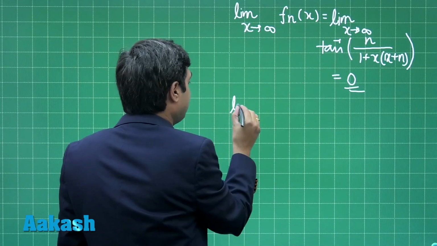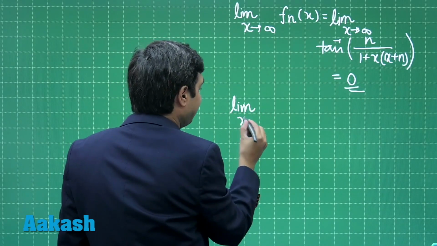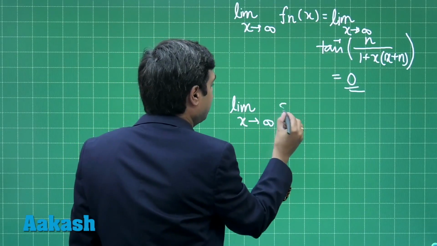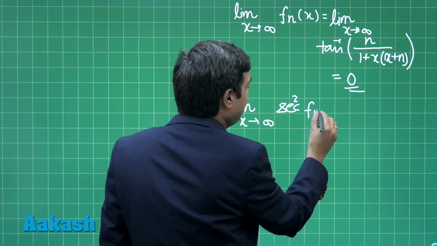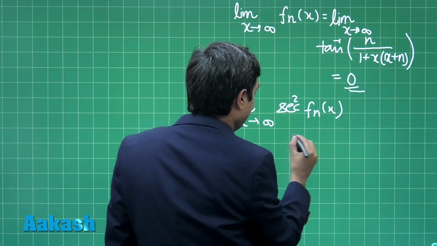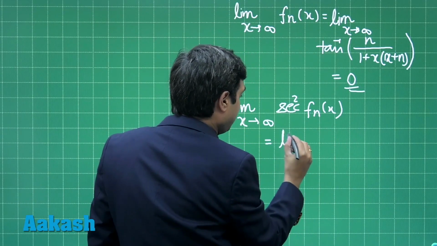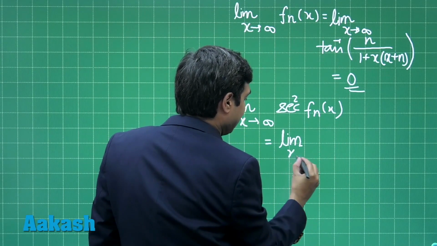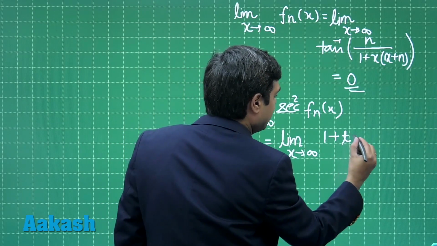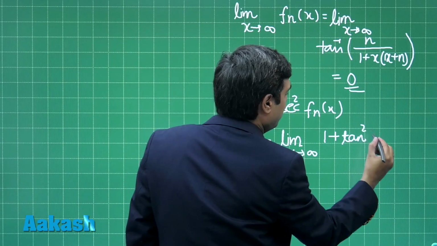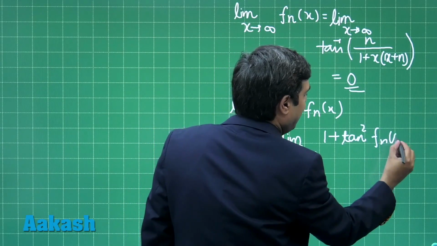Moving to option D, limit x approaching to infinity sec square fn(x). So limit x approaching to infinity sec square fn(x) is limit x approaching to infinity 1 plus tan square fn(x).